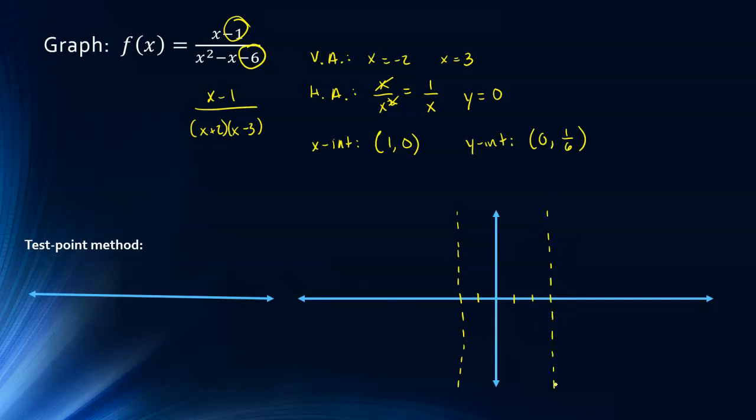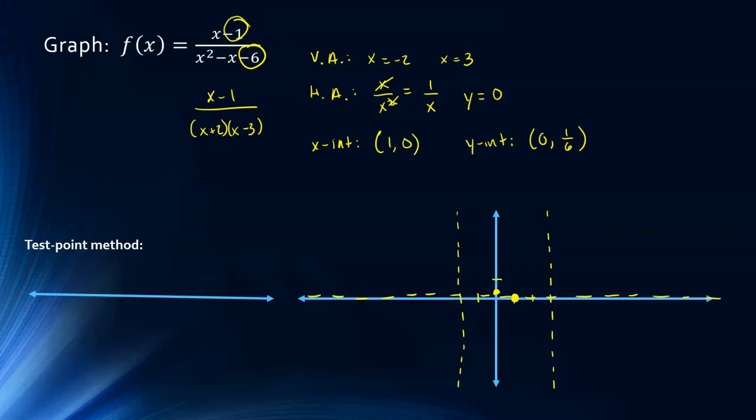We have a horizontal asymptote at y equals 0. And we know that there is an x-intercept at (1, 0). And we have a y-intercept at (0, 1/6). So 0, and then let's say if this is 1, let's put 1/6 right about there.